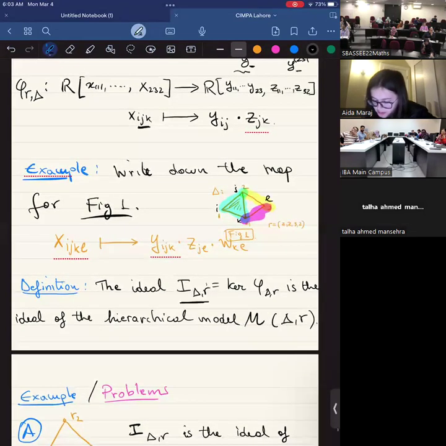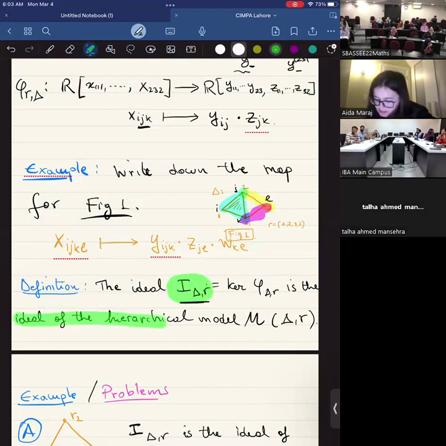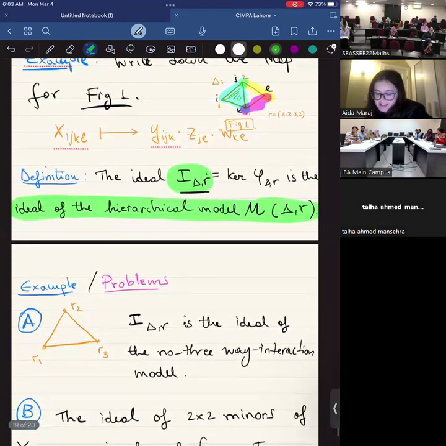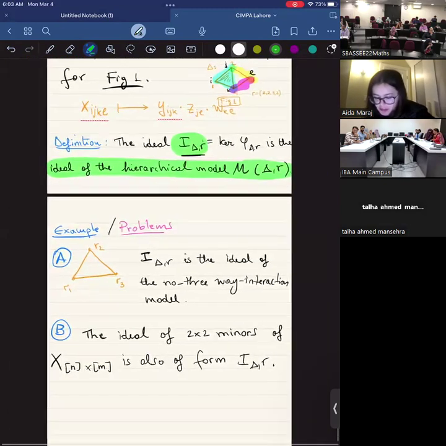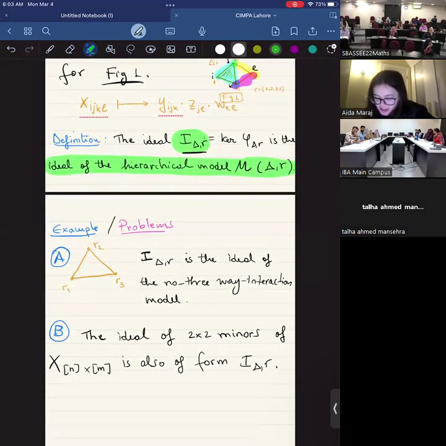We will refer to it as I_{Δ,R}, the ideal of the hierarchical model with simplicial complex Δ and vector R. I'll say a little bit more about what that hierarchical model means, but before I do that, all the examples we have done till now I claim are types of hierarchical models.